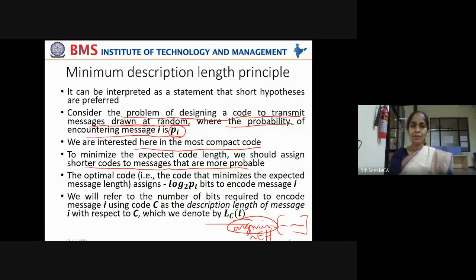So, to minimize the expected code length, what do we do? We should assign shorter codes to messages that are more probable. Like I said, "start immediately": assign shorter codes to them because those are more probable in most telegram messages.